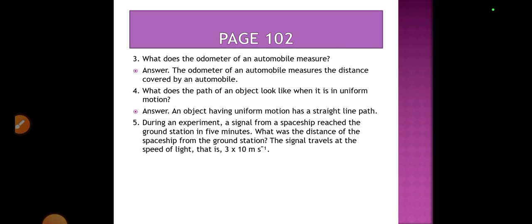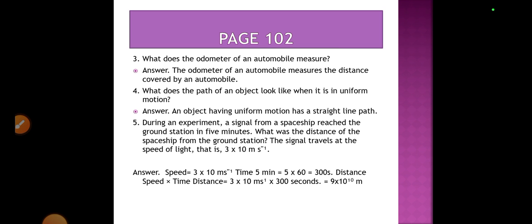Question 5. During an experiment, a signal from a spaceship reached the ground station in 5 minutes. What was the distance of the spaceship from the ground station? The signal traveled at the speed of light, that is 3 multiplied by 10^8 meter per second.